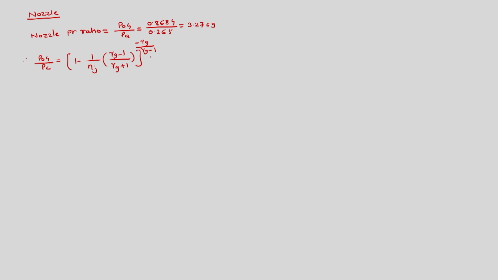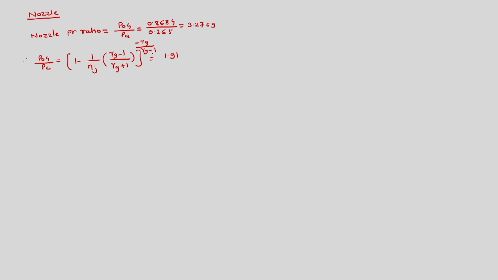We know that gamma g is 1.33, we can put it over here. We are told that nozzle efficiency is 95, so it is 0.95. So putting all these numbers, we get this ratio as 1.91.